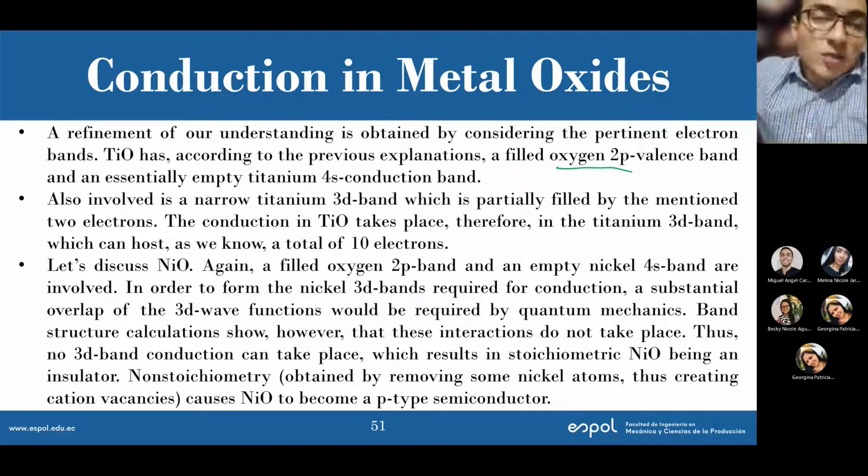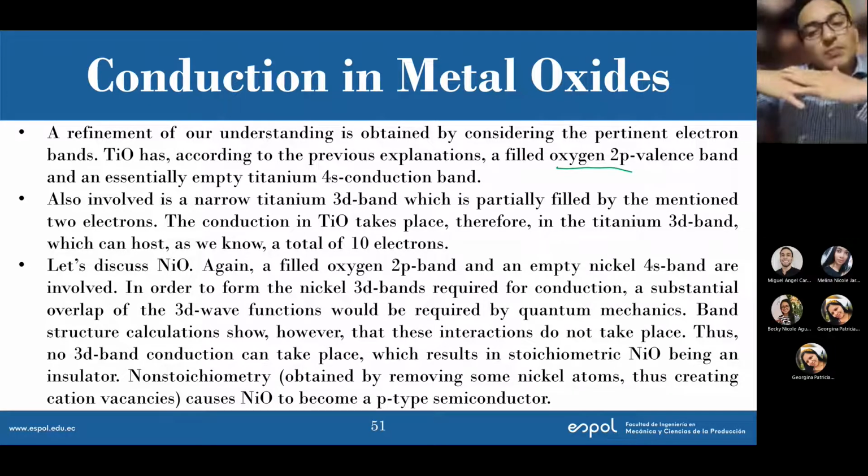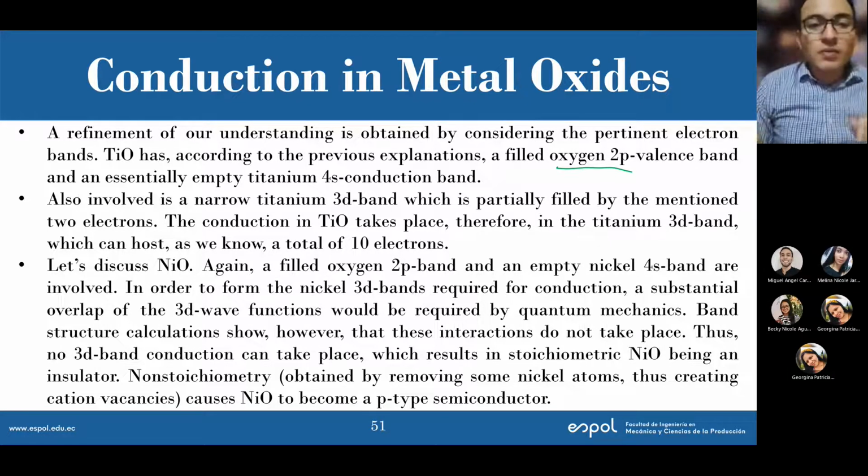I need a total of 10 electrons to fill that. So it's partly filled, and therefore has the same behavior as a metal. Remember, partly filled band, empty conduction band, electrons free to move and jump. So it gets metallic behavior, and that's why we get this conductivity.